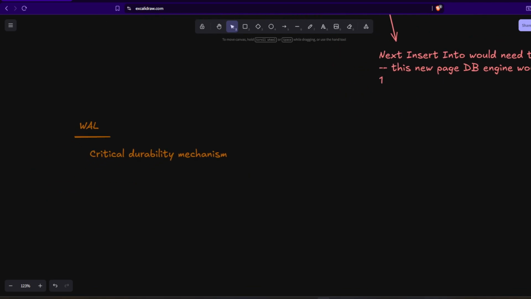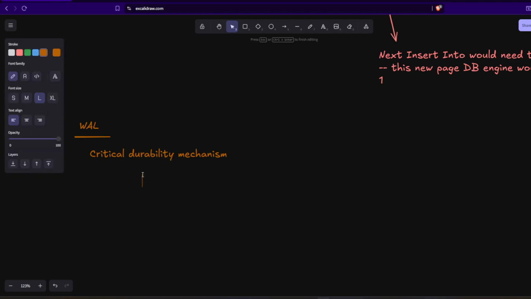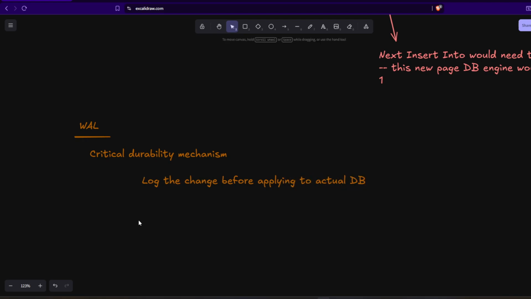Suppose we are writing this data modification, this insert into statement, into our database. The fundamental principle is: log the change before applying it to the actual DB.